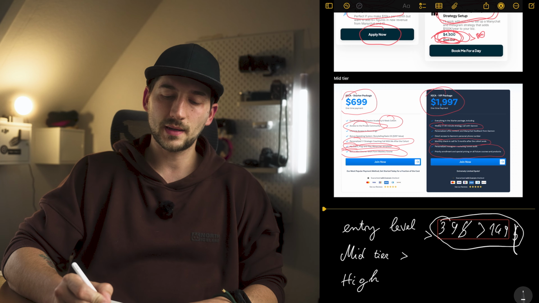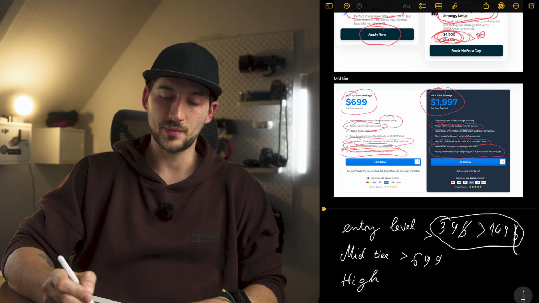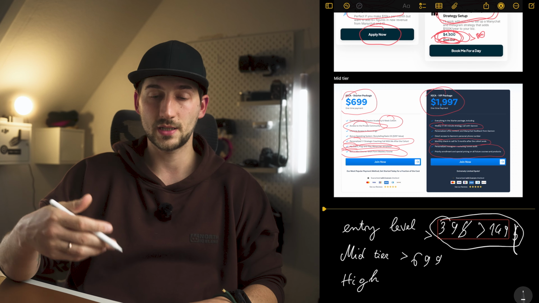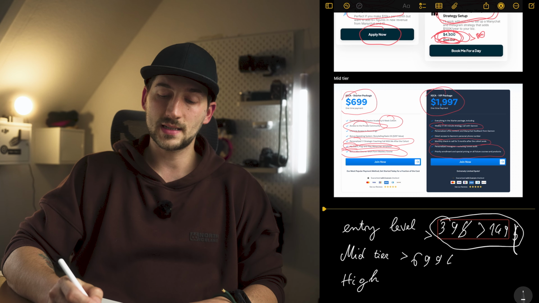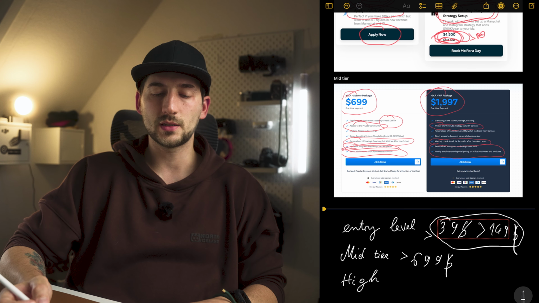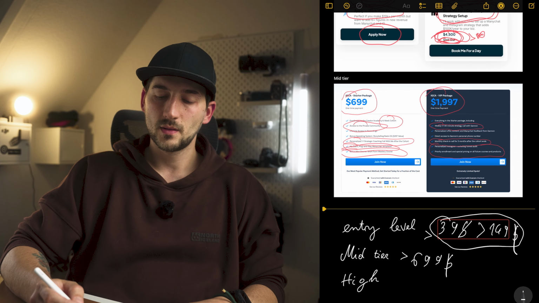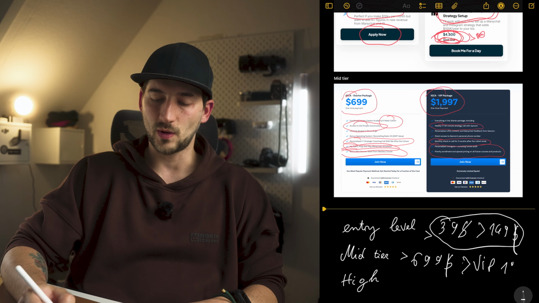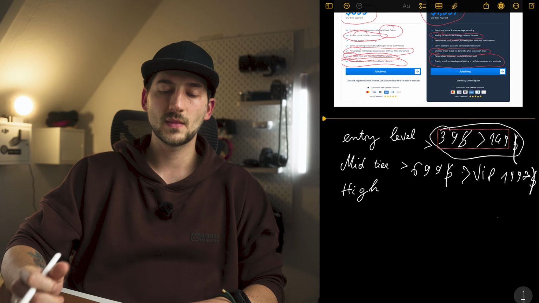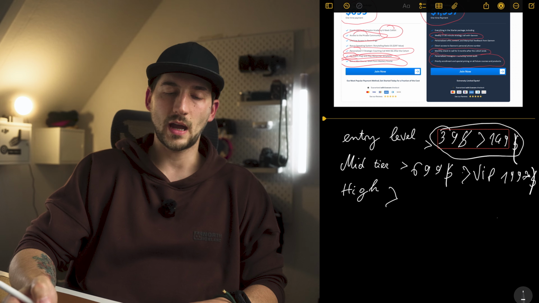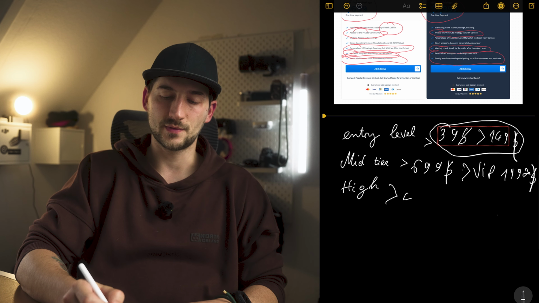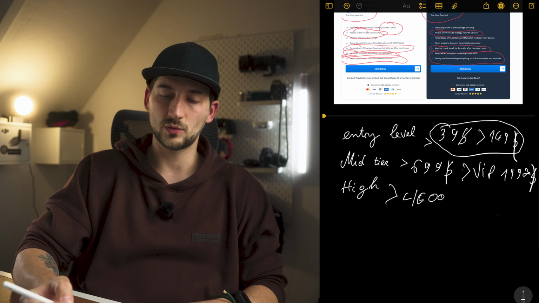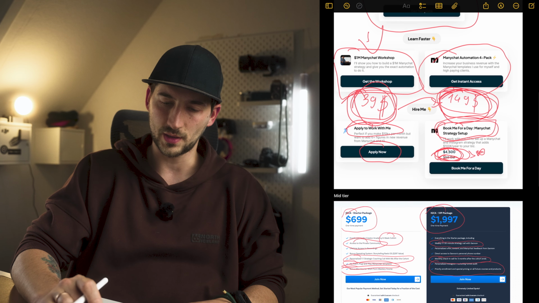And so for mid-tier, he was having, or he is still having, because as I said, I'm not sure if he's still running the Instagram Creator Academy, the $699 package, or the VIP one, where he's selling his package for $1,997. And from here, you have the high ticket, which is $4,500, one-to-one coaching or one-to-one strategy that happens.